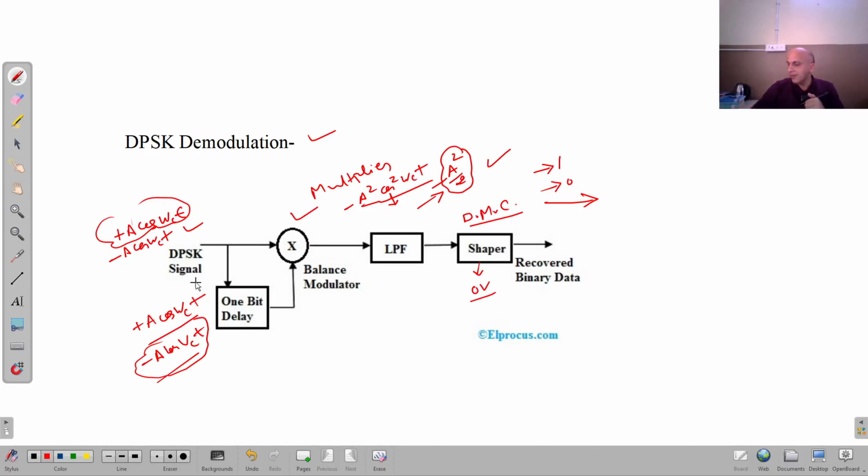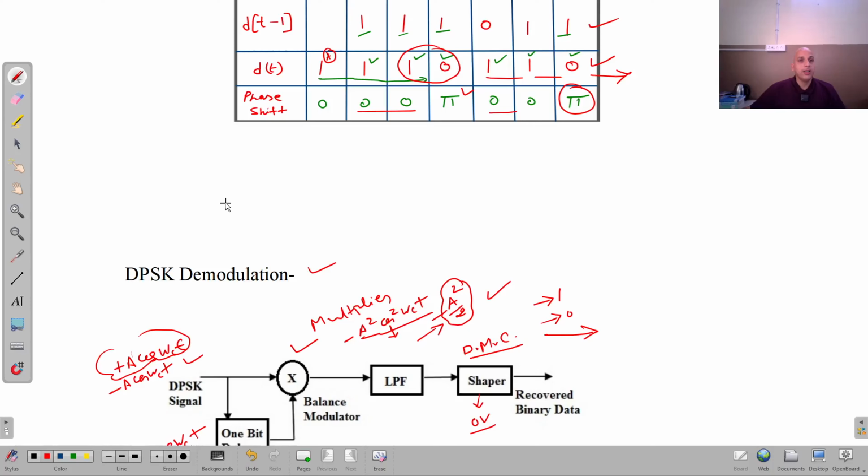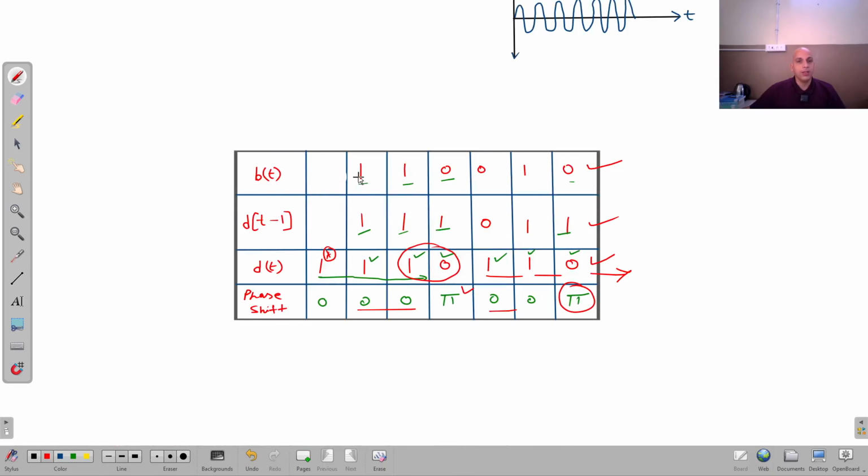The thing will become very clear when I come to the truth table, or the tabular diagram, of the incoming bit stream and the recovered bit, right? So b(t) is what? The original bit stream that was used here for the encoding.